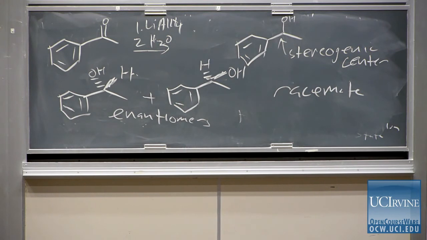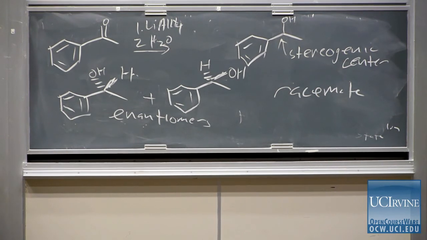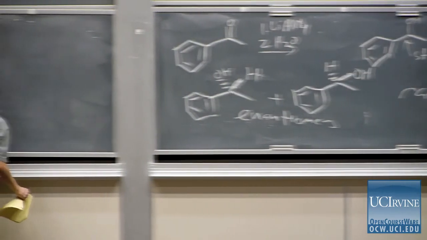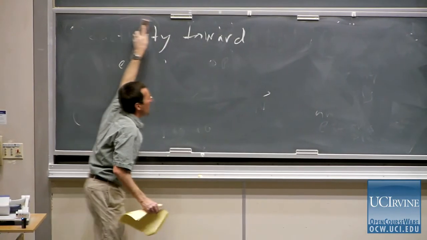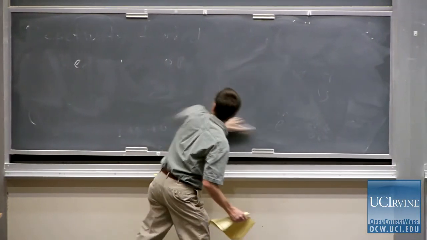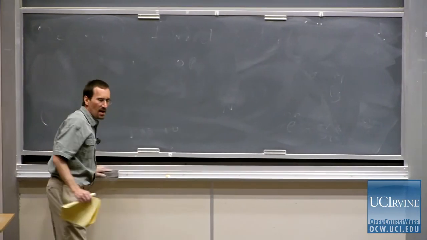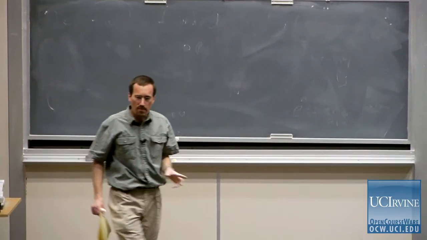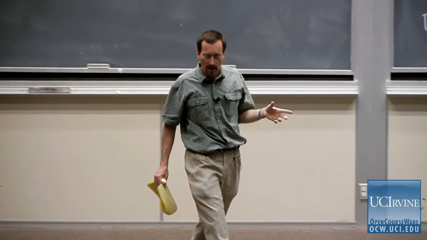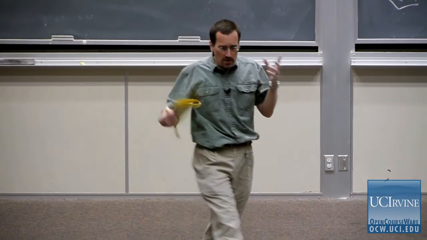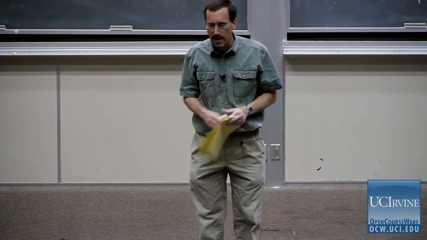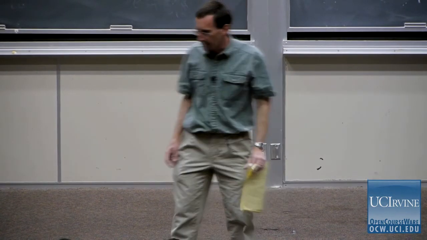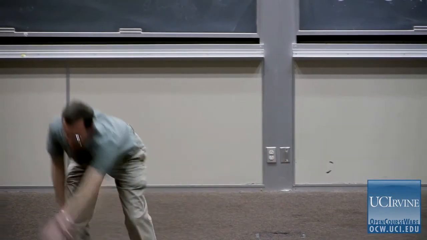All of the proteins in your body, all of the amino acids in your body with the exception of glycine, all of the sugars in your body, all of the nucleic acids in your body, all of the lipids in your body are chiral. And in general, chiral molecules of one handedness interact in a different fashion than the other.